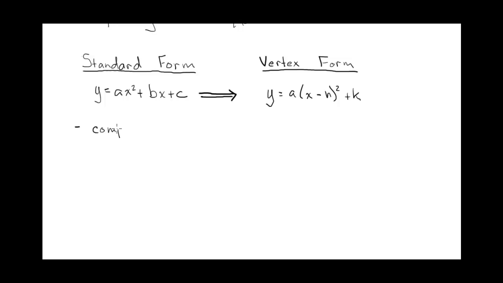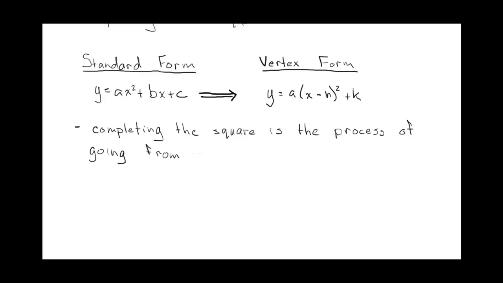Completing the square is the process of going from, vertex, or sorry, other way around, from standard to vertex form of a quadratic.